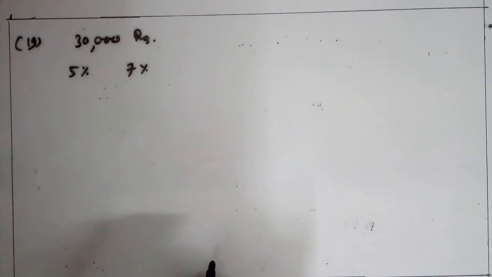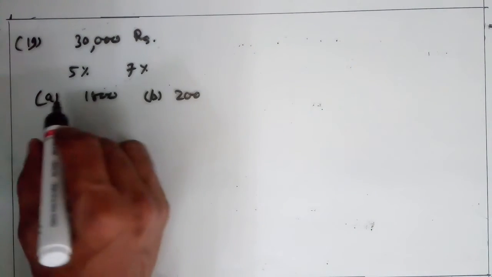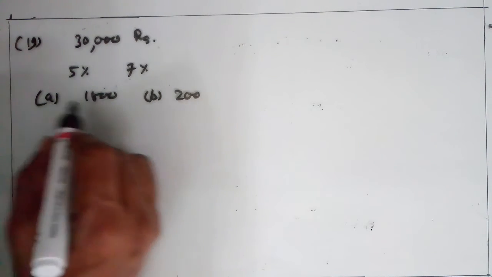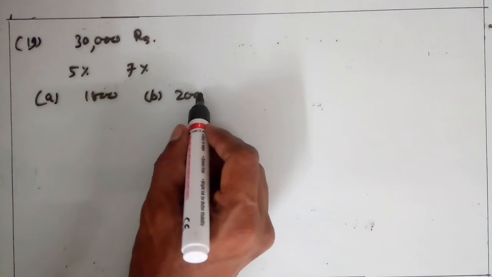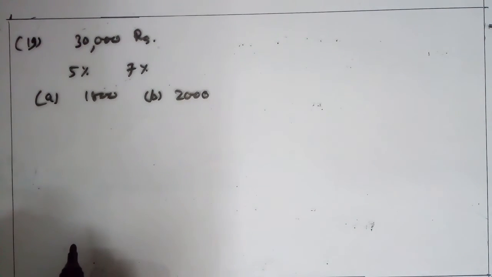Using matrix multiplication, determine how to divide 30,000 among the two types of bonds. A: the trust fund must obtain an annual total interest, A is given as 1800 and B is equal to 2000.